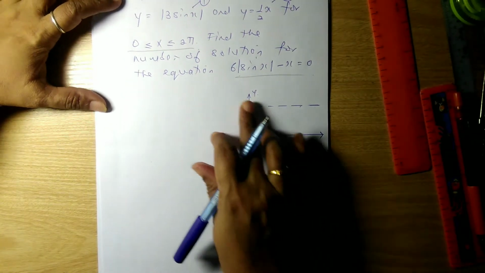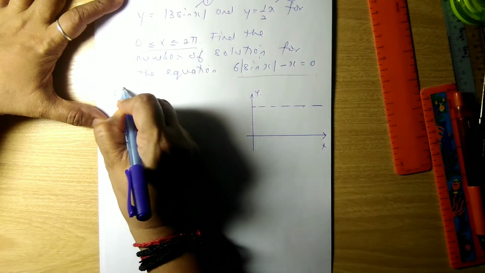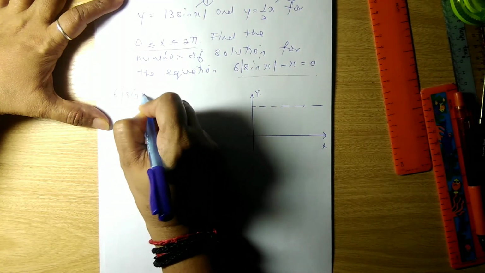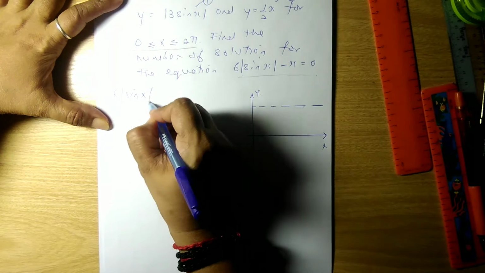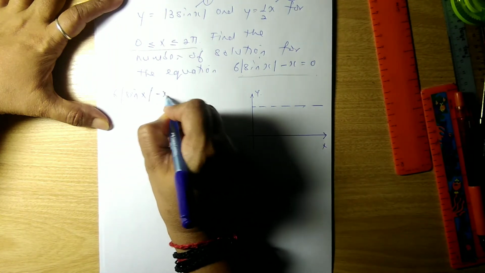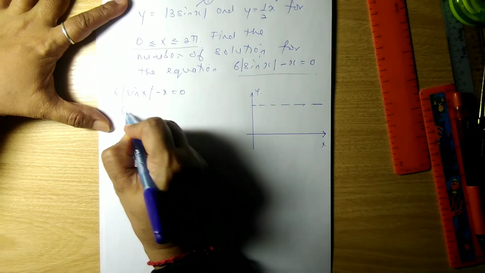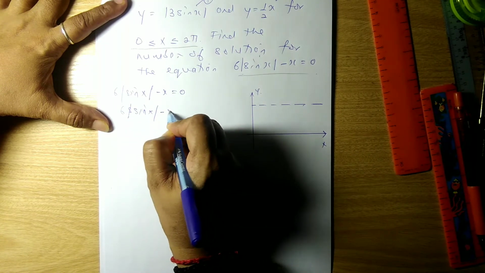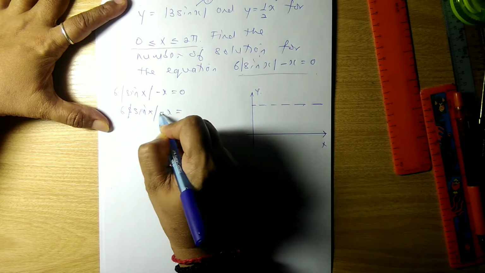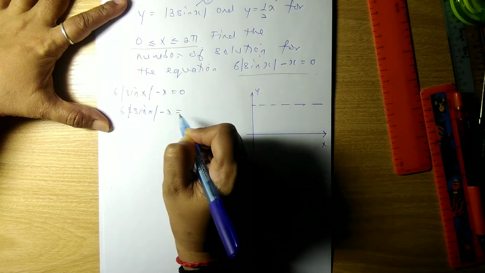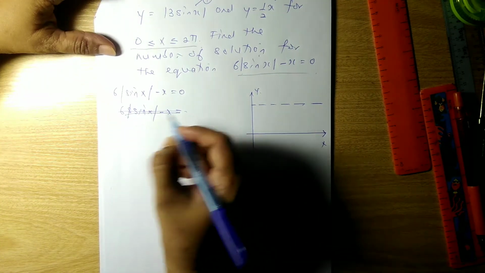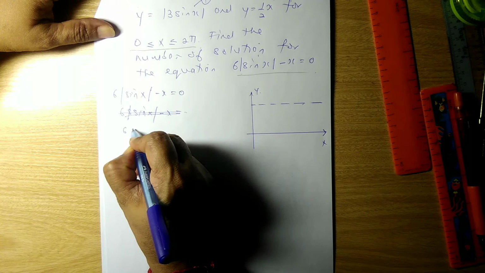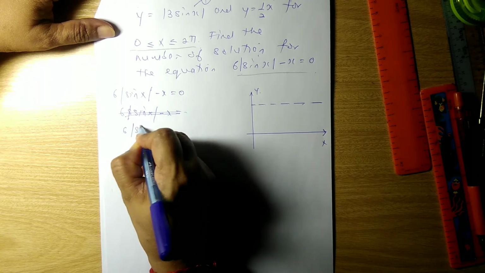Now let's take this down. 3 sine x minus x equals 0, so 6 sine x equals x.